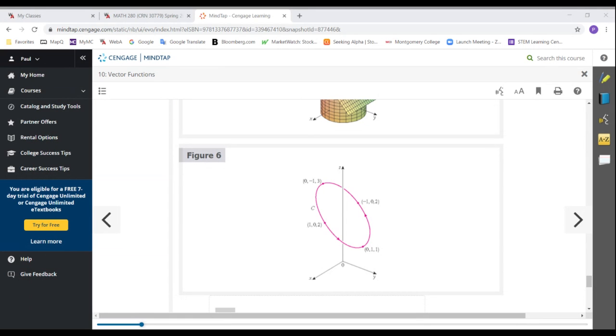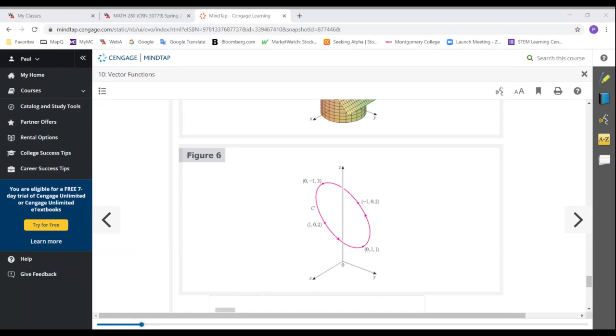Since the x and y components of this space curve have to obey x squared plus y squared equals 1, can you tell me what you think the parametric equations would be for x and y, given that there's spiraling going on here? Think about taking that space curve in figure 6.